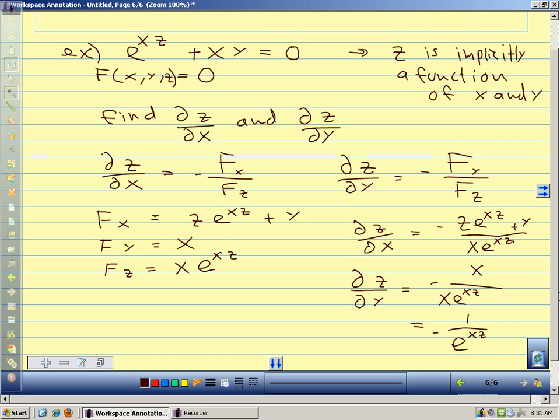Much easier than using the other method that we could possibly use to find the partial of z with respect to x. Any questions?